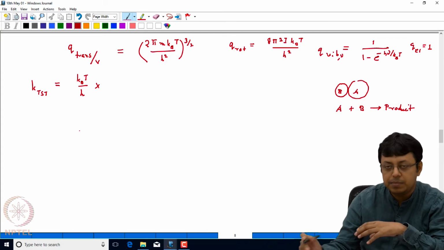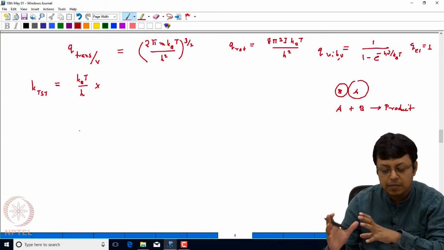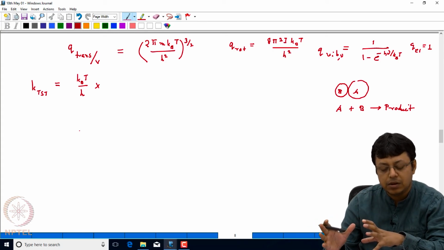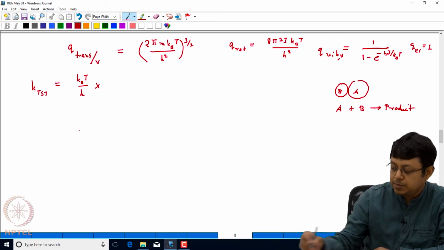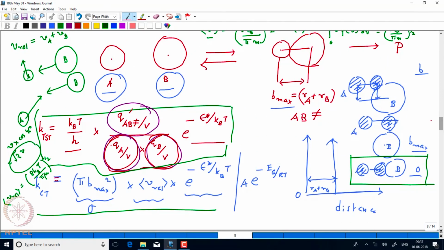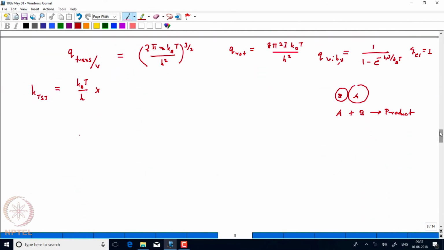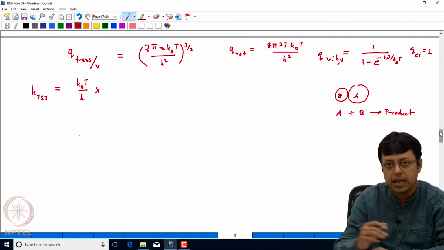That vibration we are isolating, and it is already left out in the expression for Q AB dagger, with a prime notation there. The prime takes into account that 1 degree of freedom is less, and that degree of freedom is the inherent vibration which leads to the reaction.